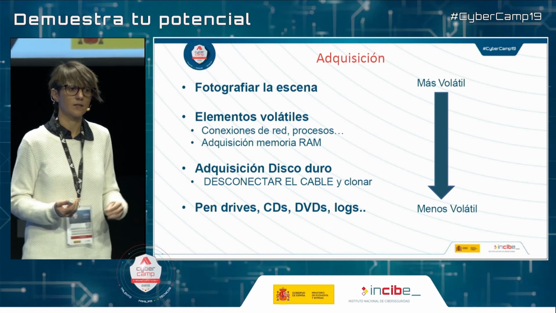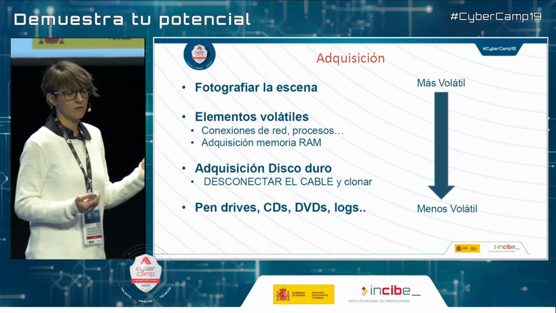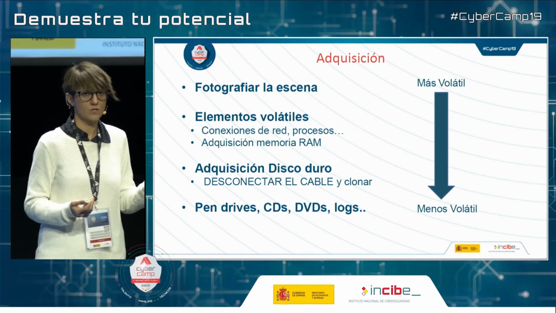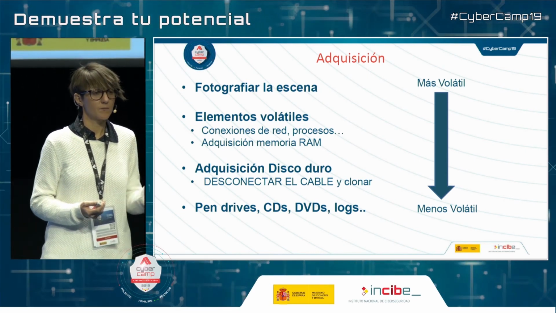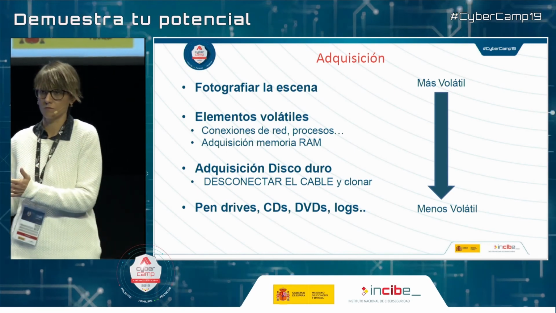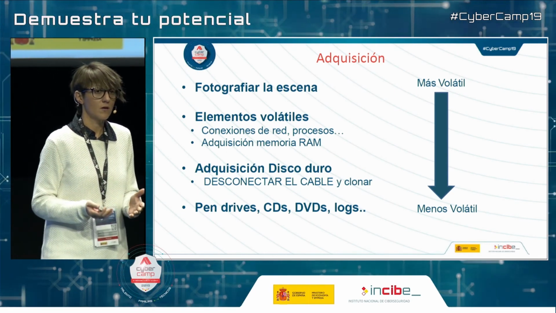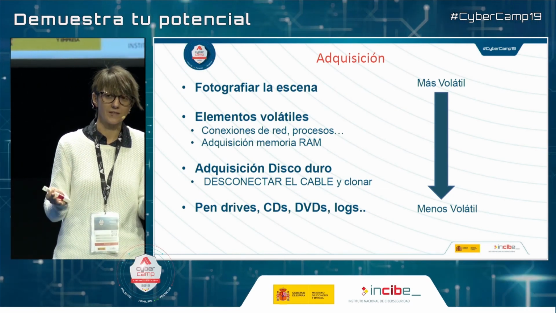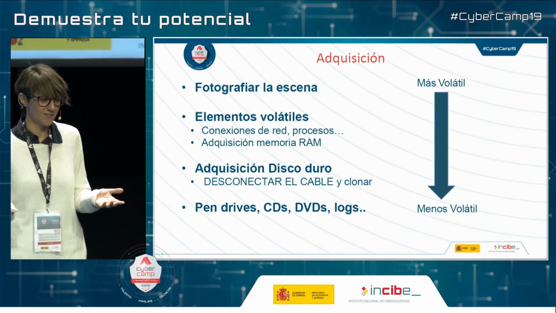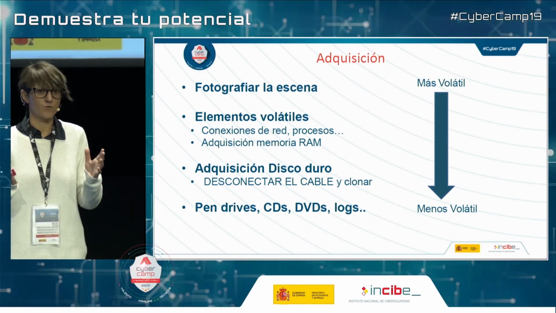We will always go from more volatile to less volatile. Whatever can be lost in the system, in seconds, and what will stay in the system. We are always going to take a picture when it is a computer, for example. Take a snapshot of the screen. Obviously, if it's on.